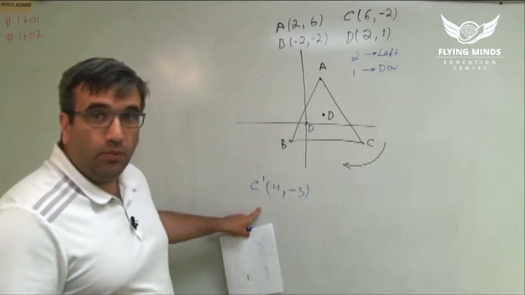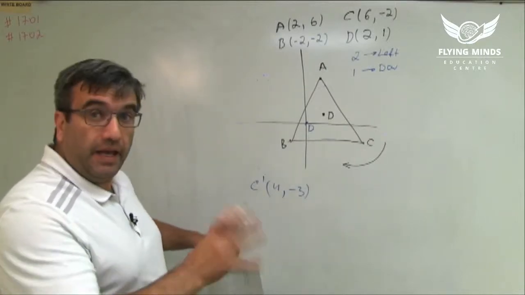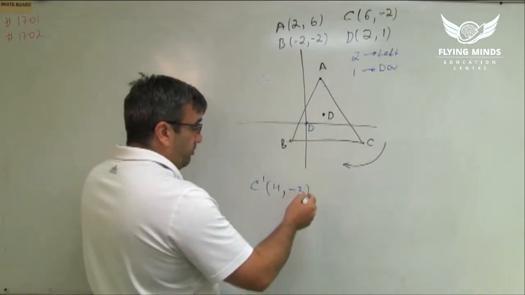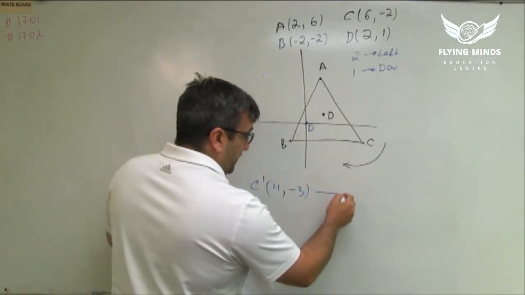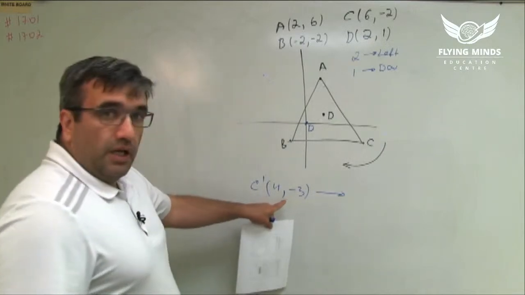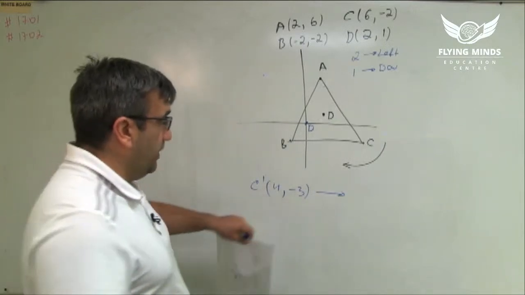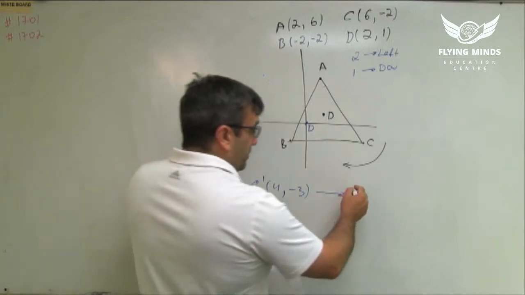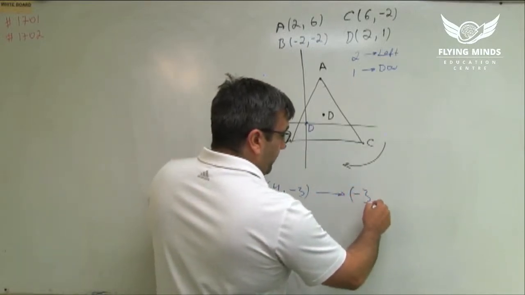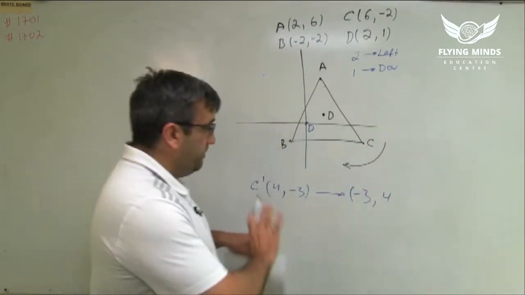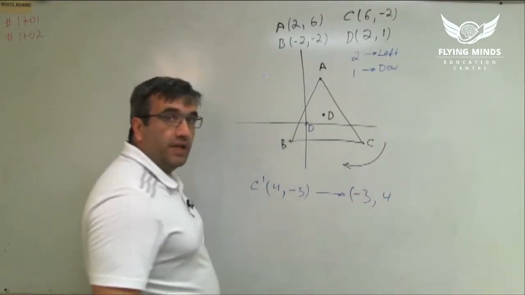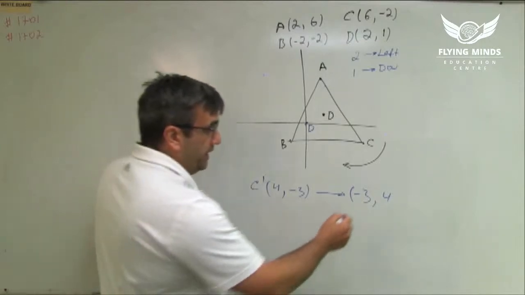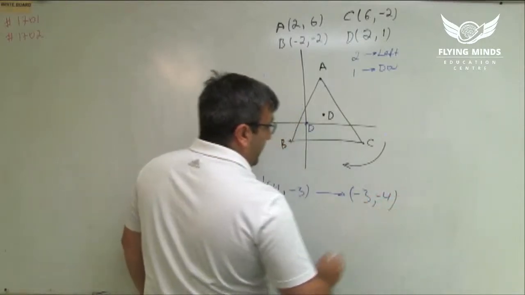Now we're rotating this point around the origin. To rotate clockwise around the origin, we switch coordinates, and now the y coordinate will be negative.